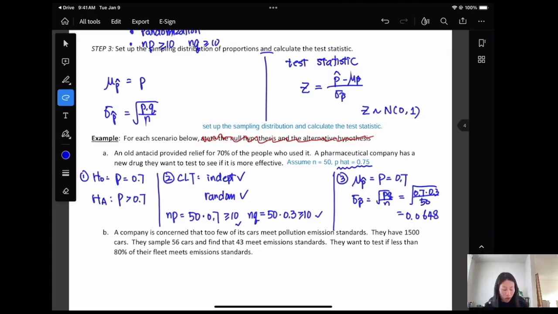So our p hat follows a normal distribution with mean 0.7 and sigma 0.0648.